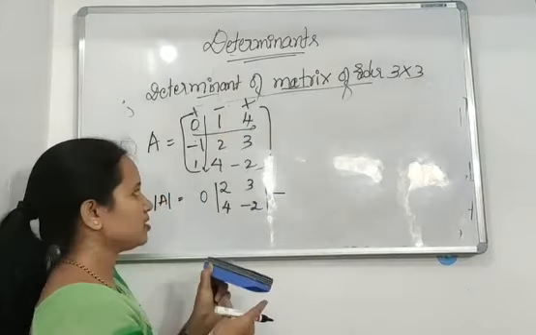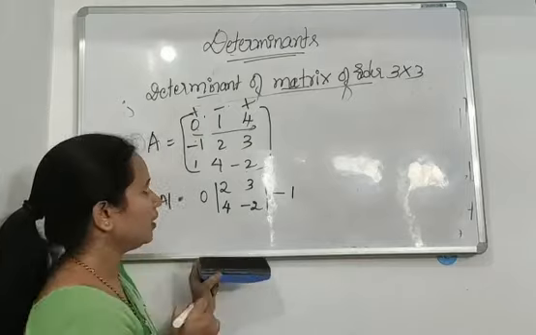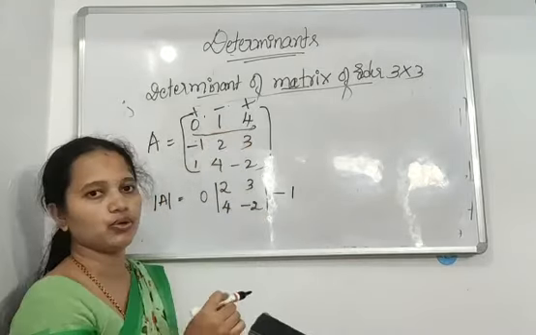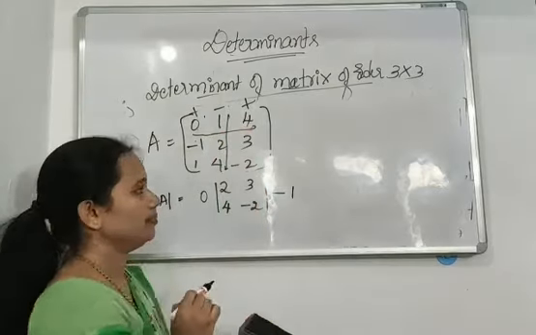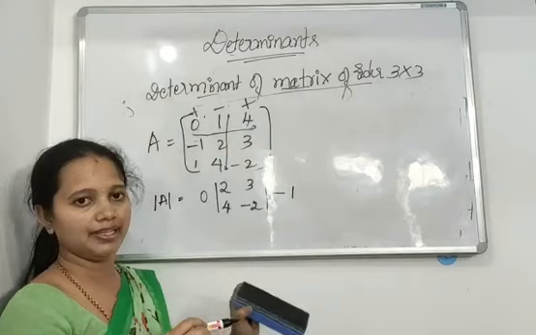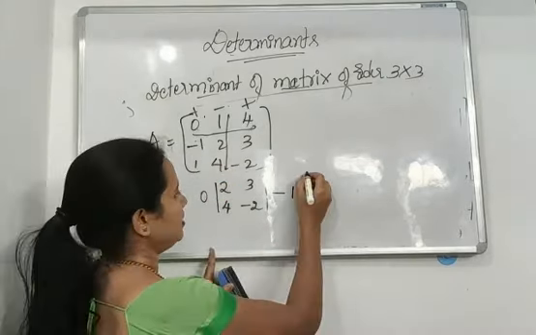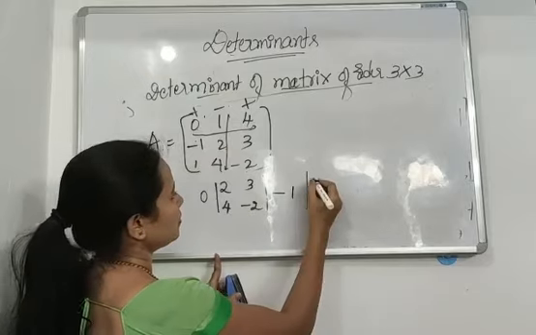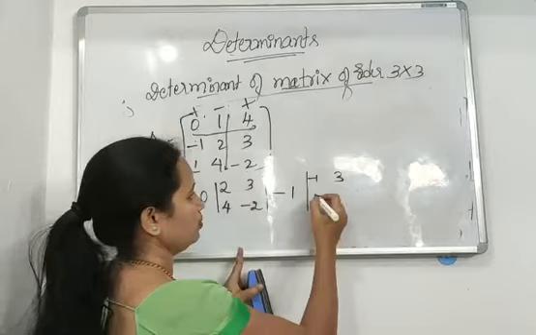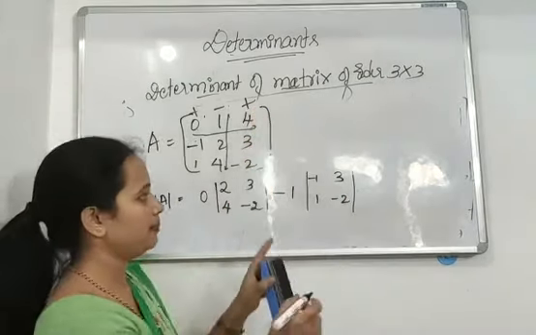So the second element is 1. It lies in the first row and second column. Delete the first row and second column elements and consider the determinant of the remaining 4 elements: minus 1, 3, 1, minus 2. And the third sign is plus.